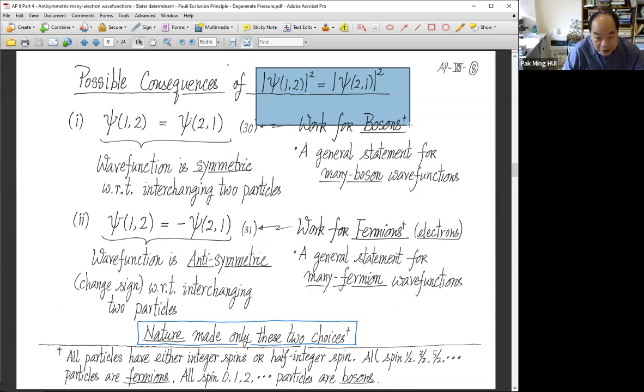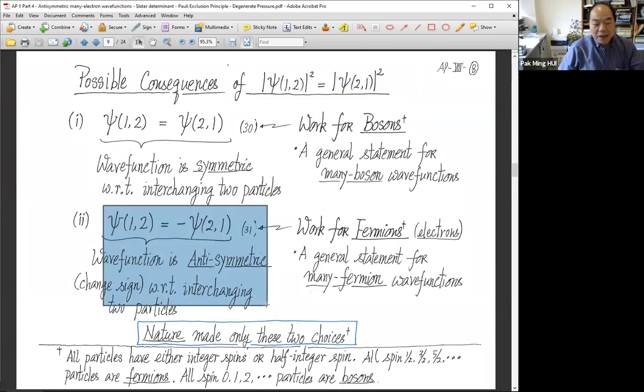And then the second option is what we need to know for electrons. The wave function is anti-symmetric with respect to interchanging the coordinates of two electrons. This is what anti-symmetric wave function means. So do you know the meaning?